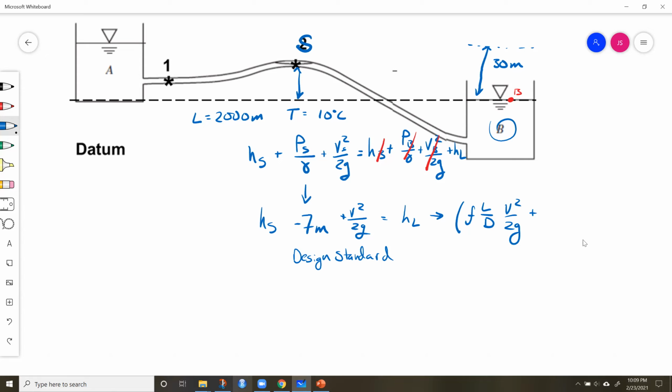Plus, in this case, our only minor loss between here and here is this exit, so K exit times V squared over 2g. We'll put in some values and take some stuff out. We'll have our f times, in this case, I didn't say, but we know that this hill is 1,000 meters away.